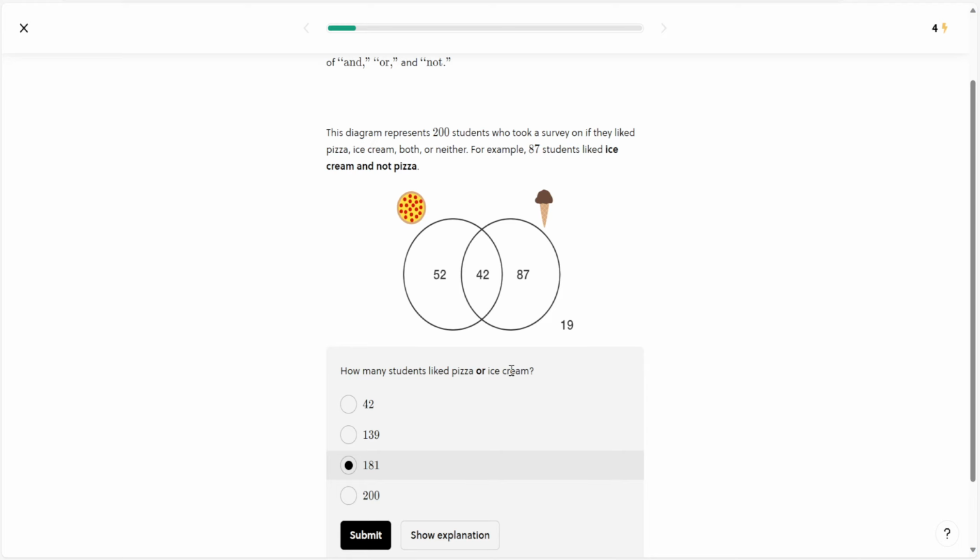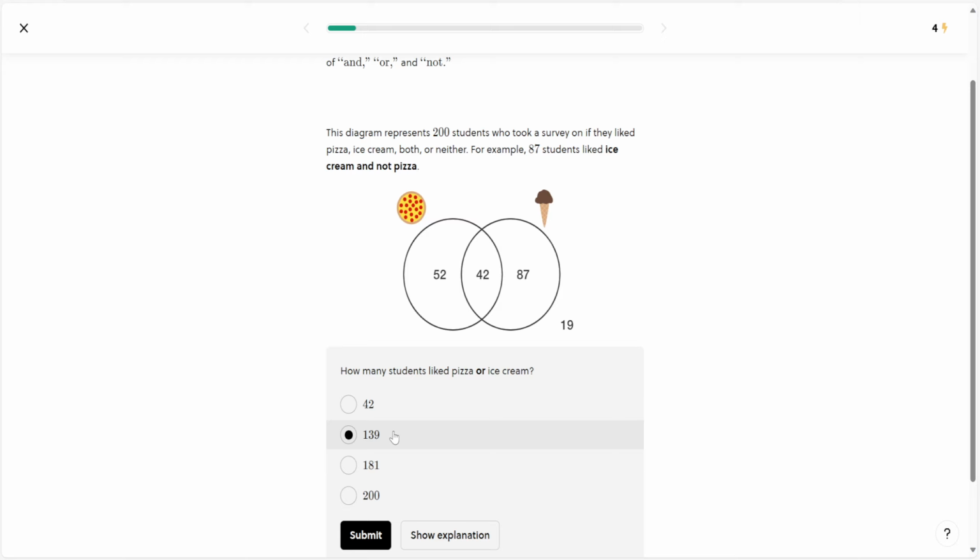So, there are 52 and 87, but you've also got this group in the middle, 42. So if you say or, you would assume it means 52 plus 87 is 139.